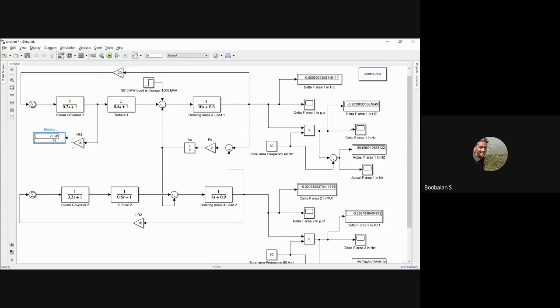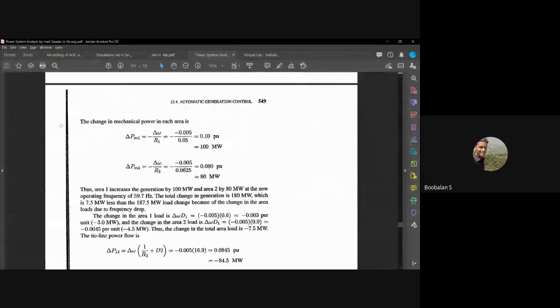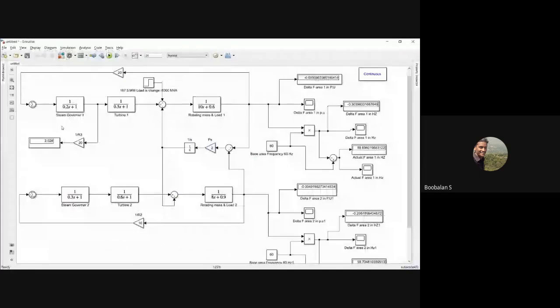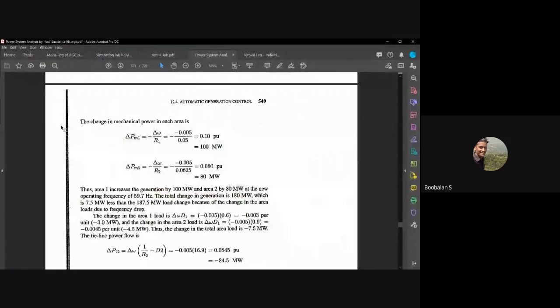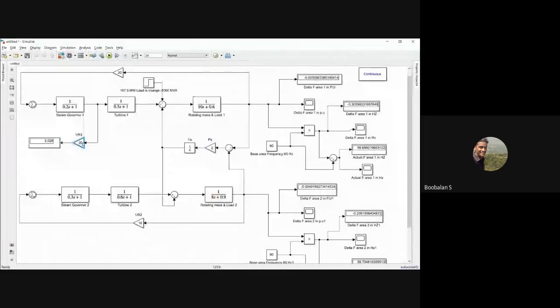It should increase by about 2.2. Change in speed with respect to R1. We are only interested in the frequency for now. For mechanical power we'll see later, right?